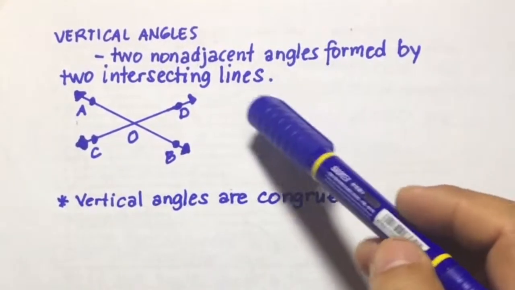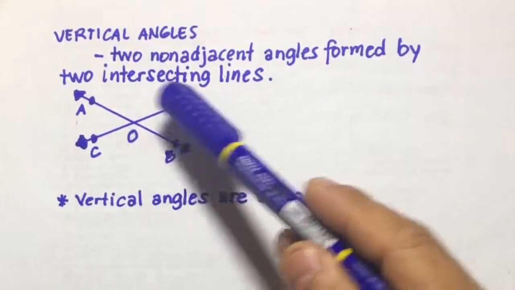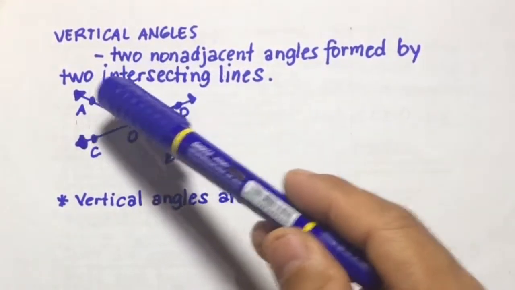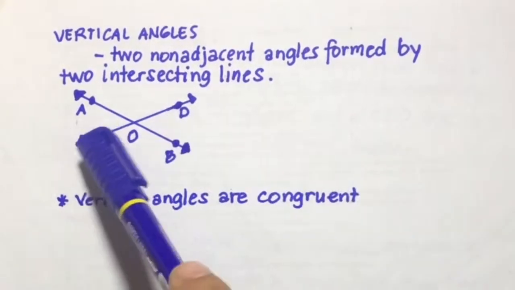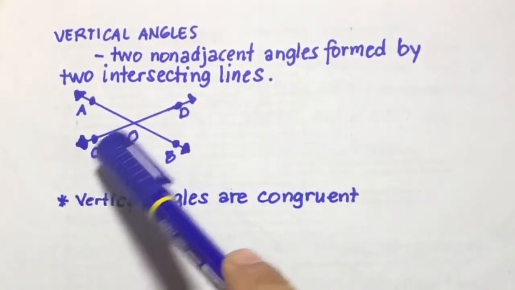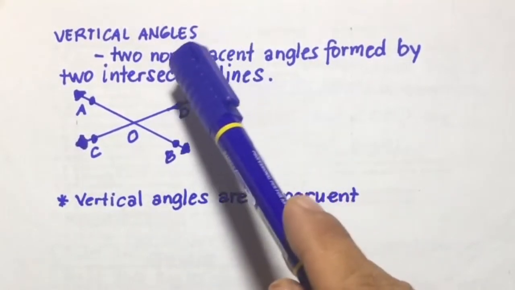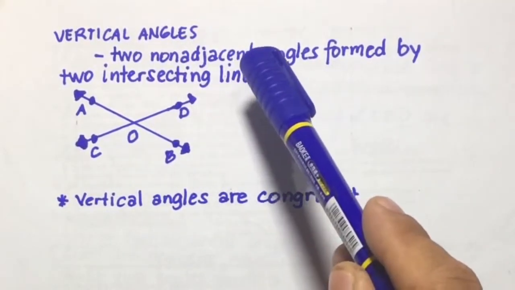Vertical angles are two non-adjacent angles formed by two intersecting lines. So we have here two intersecting lines, line AB and line CD, that intersect at point O. So they are non-adjacent angles.